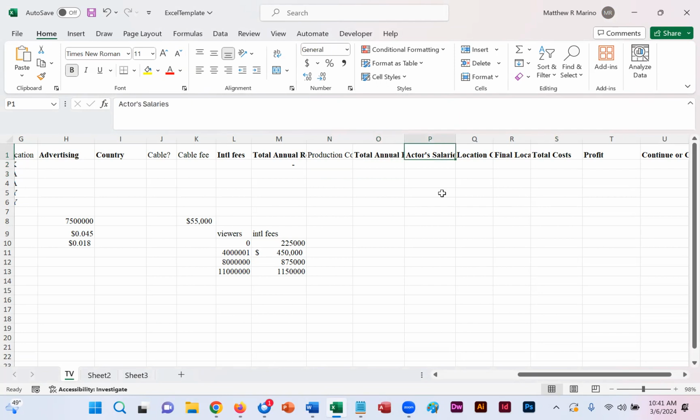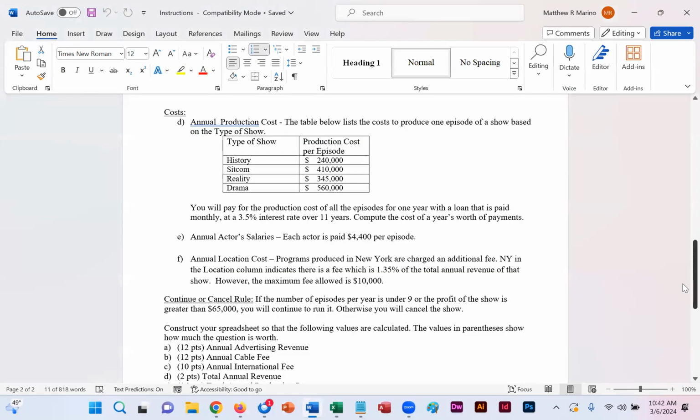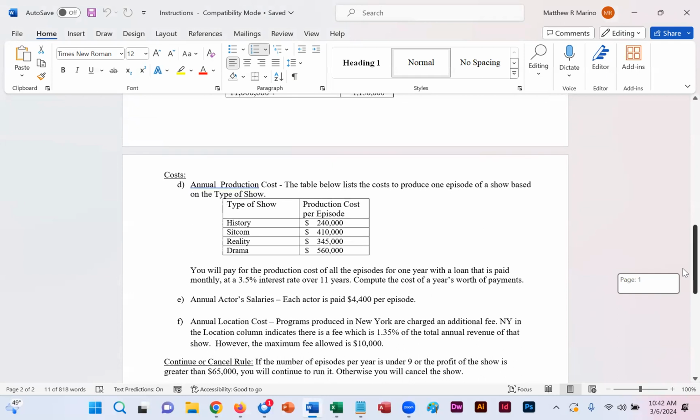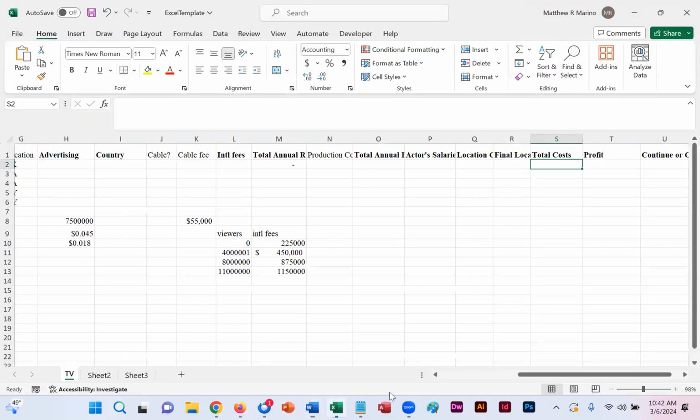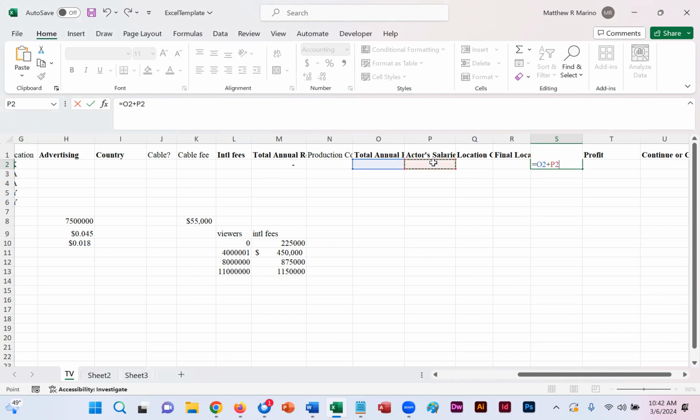Production cost, total annual payment, actor salaries. Okay. So annual production cost, actor salaries, and location costs. Okay. So it would be O plus P plus R.